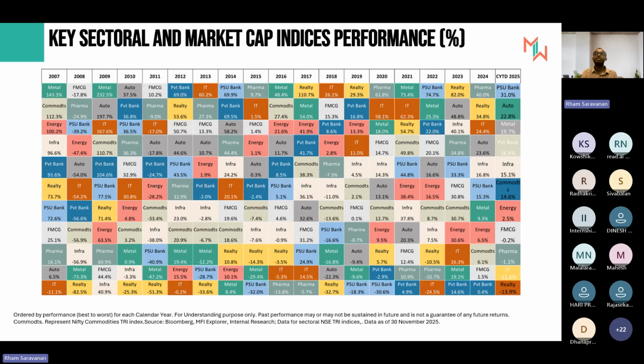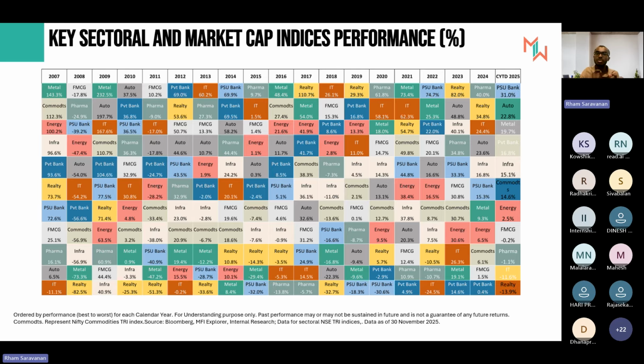If you look at this table even more carefully, the color keeps changing every year, which means that leadership rotates based on economic cycles, interest rates, global demand, policy changes, and earnings growth, and no one can forecast this consistently. This is why concentrated sector bets often disappoint investors. They work brilliantly for a short pace, I agree, but when the cycle turns, returns disappear very quickly.